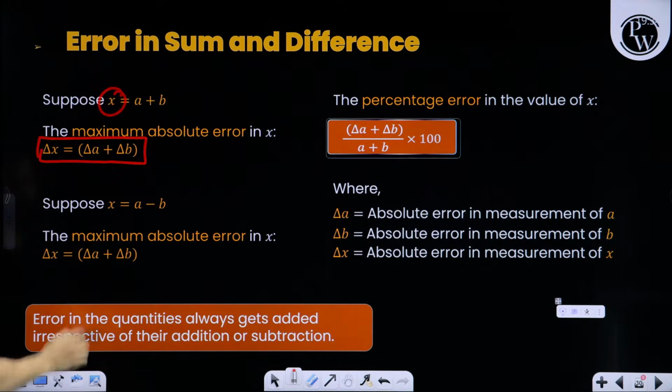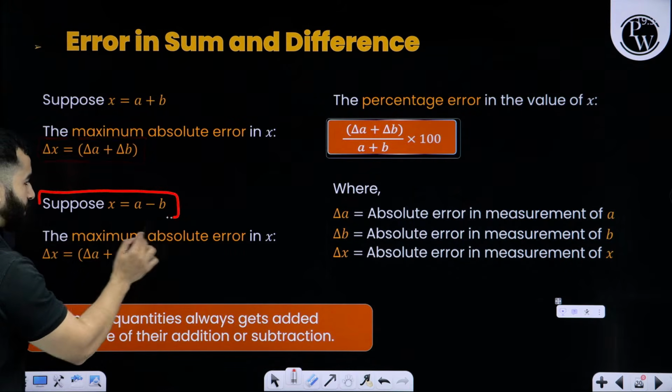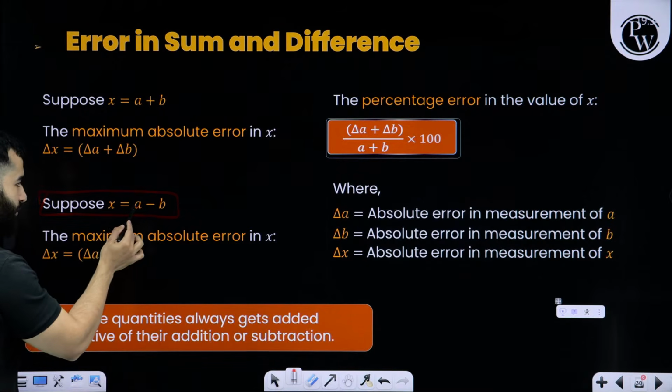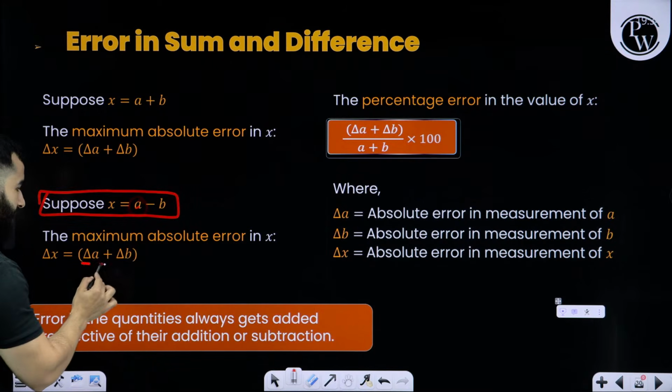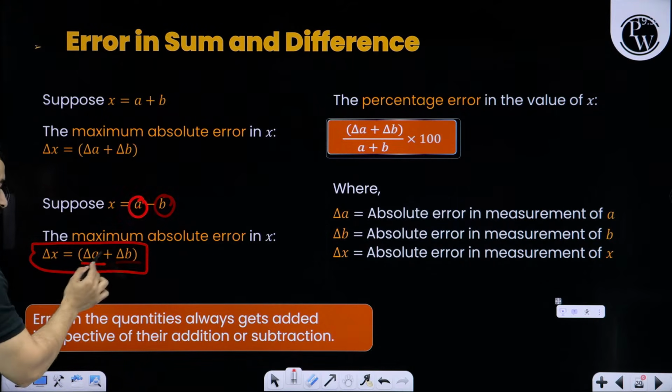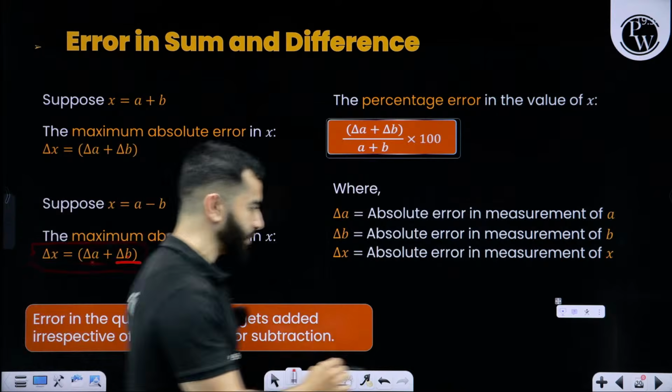So this is for addition. Even if we talk about subtraction, maximum error will be only written with a positive sign. So delta X will be delta A plus delta B. Let me explain this to you.